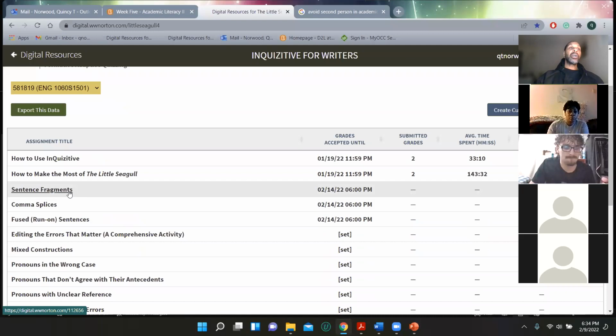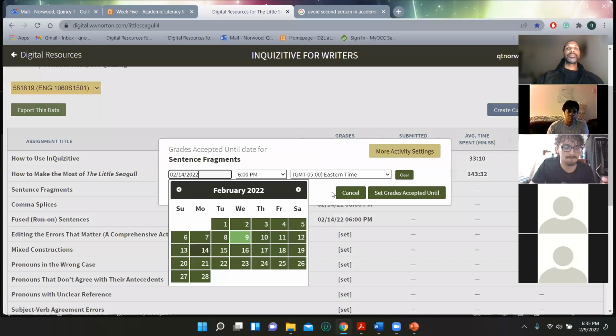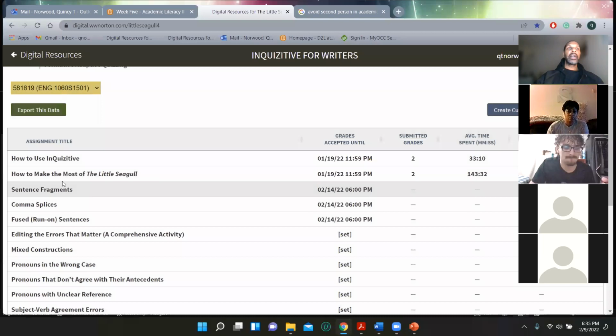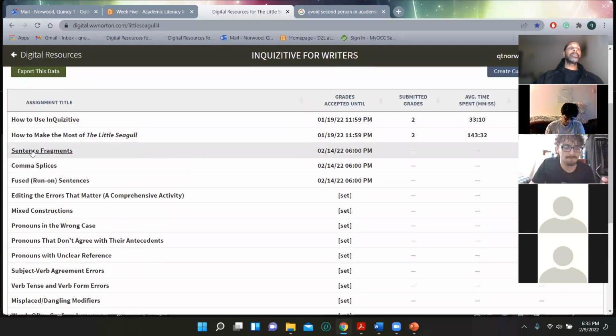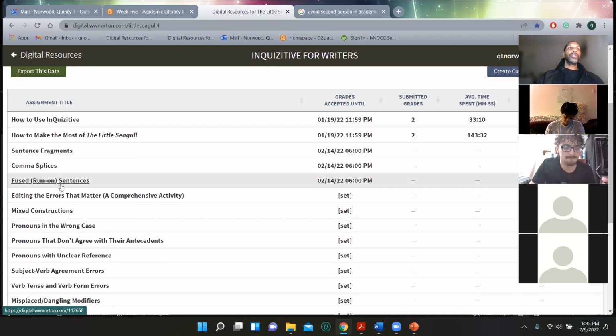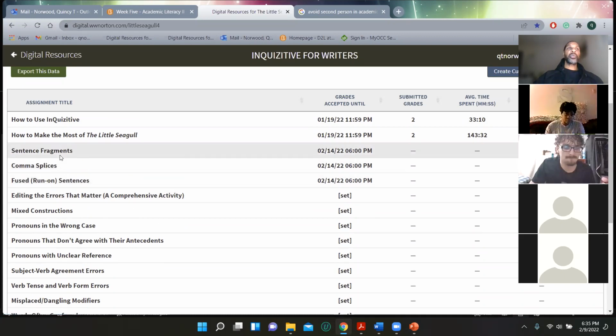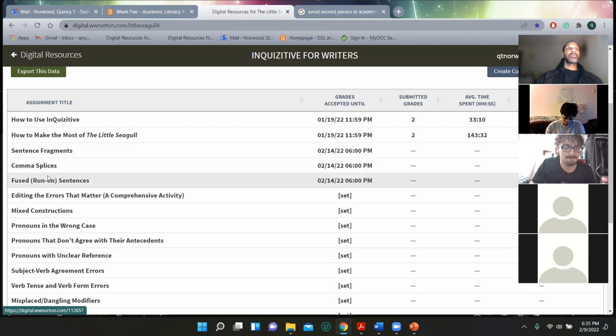I don't want you to do the one on fragments yet, so I'm going to deactivate that one. I've got to go behind the scenes and deactivate it. So I want you to start looking at comma splices and fused sentences, these 2 exercises. When you sign in, it says 3 now, but it's only 2, because we don't need to do fragments. That wasn't that significant of an issue with these drafts.